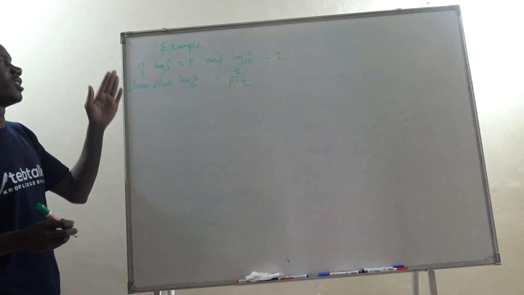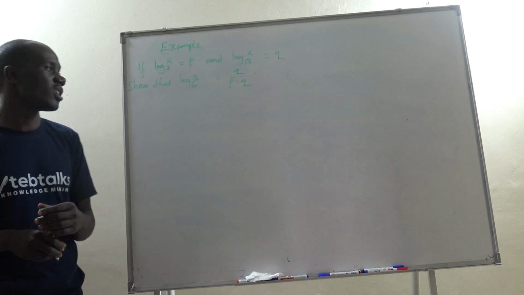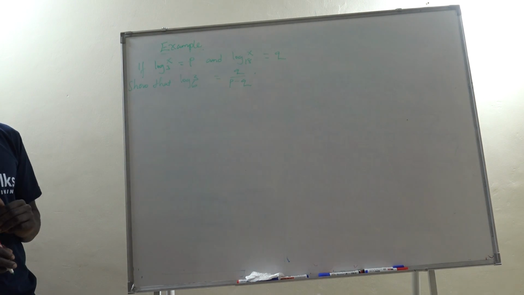So we want to show that, given these conditions, log of 3 base 6 equals q all over p minus q.